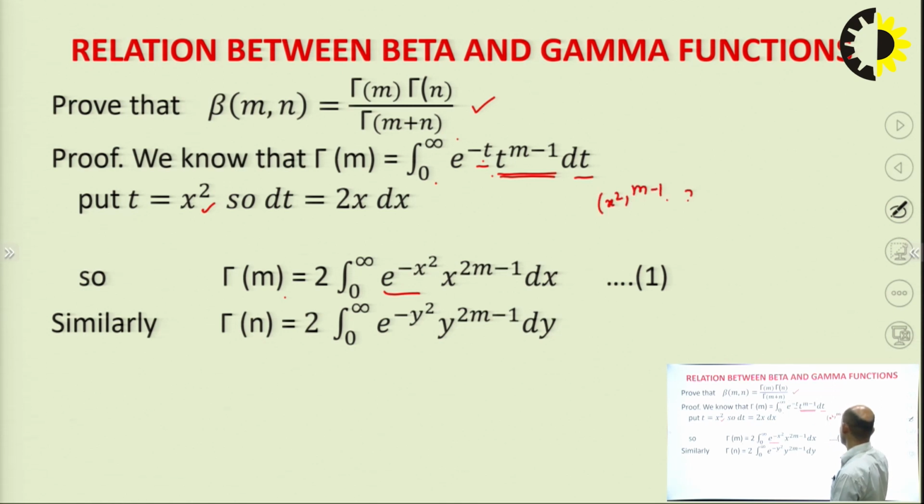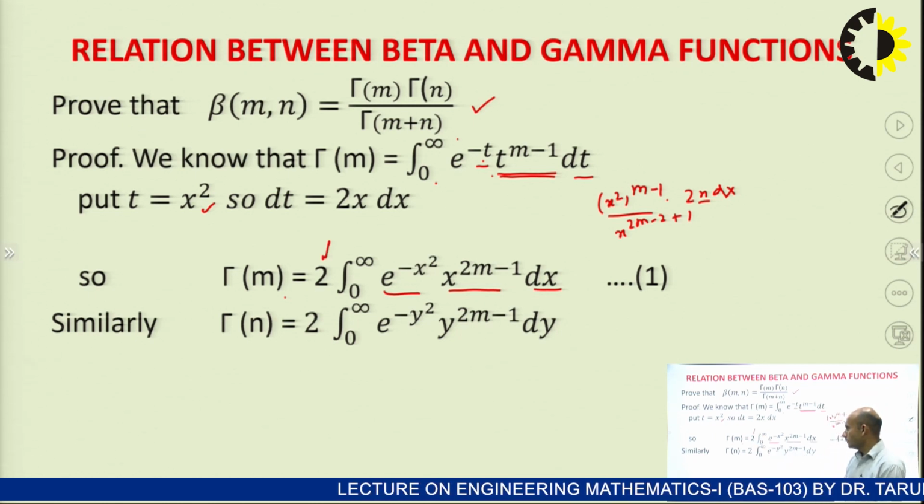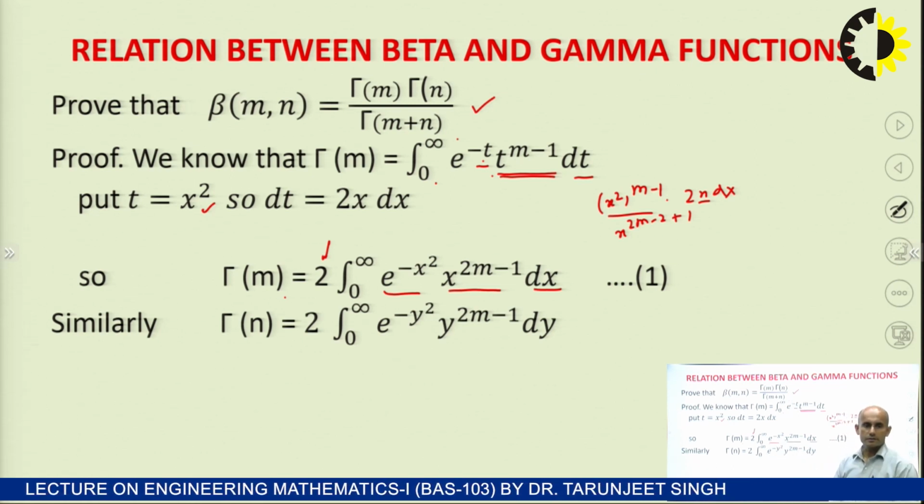Then dt is 2x dx. So finally, we have x raised to 2m minus 2 plus 1, so x is raised to 2m minus 1, then we have dx and 2 times the integration here. So we have gamma m equals 2 times the integral from 0 to infinity of e raised to minus x square and x raised to 2m minus 1 dx.